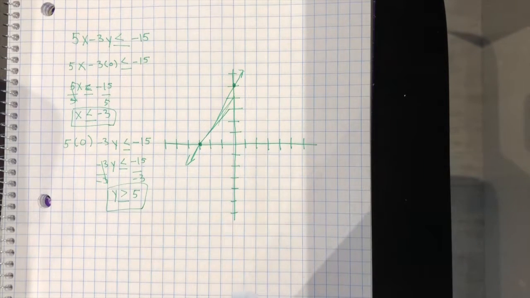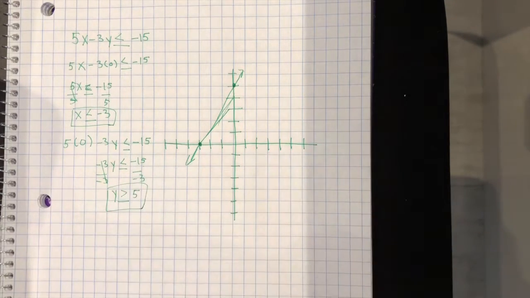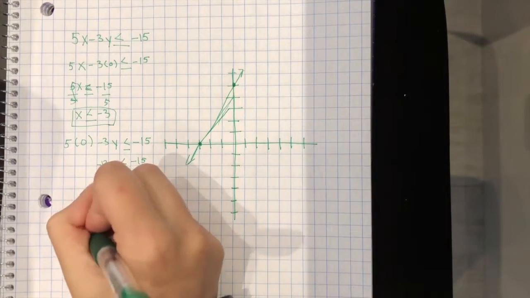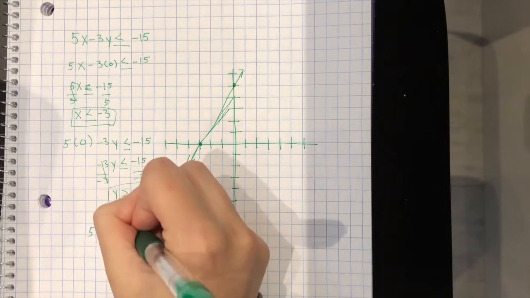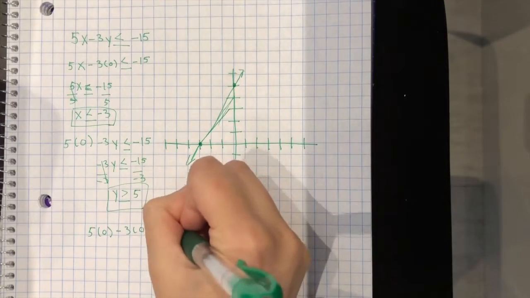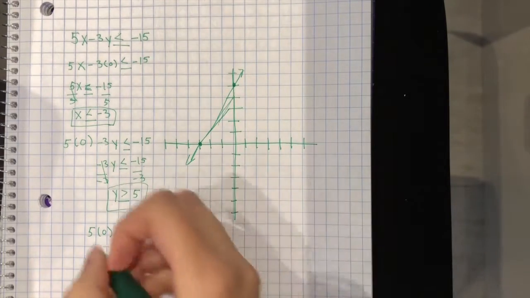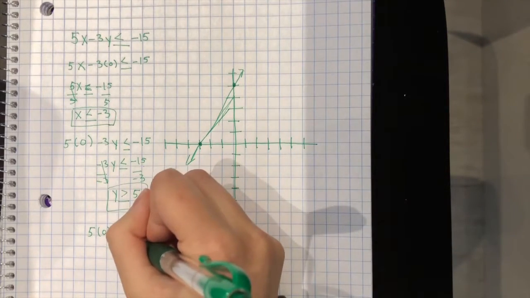So we're going to use a test point to figure that out. I'm going to use the test point 0, 0. When I plug that in, I have 5 times 0 minus 3 times 0, so that's just 0 that's left.